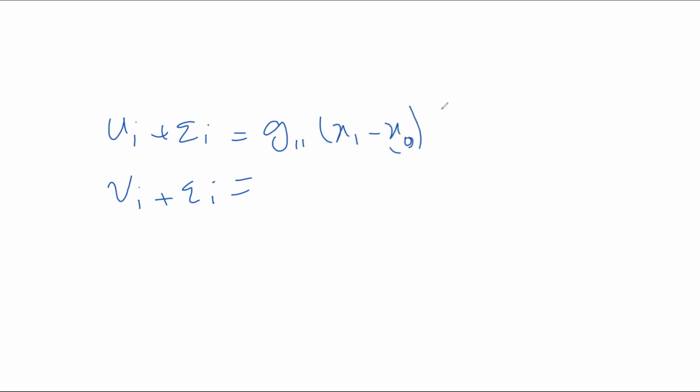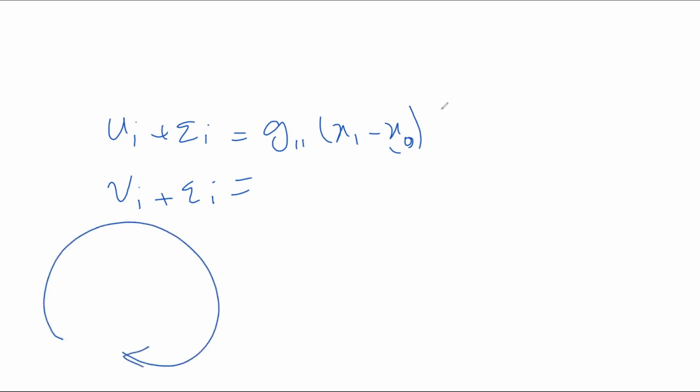We say that, okay, the geostrophic flow plus an error. And we write an equation. This is a simple equation of motion. So I said that x1 minus x0, where x0 is the center of the geostrophic flow.